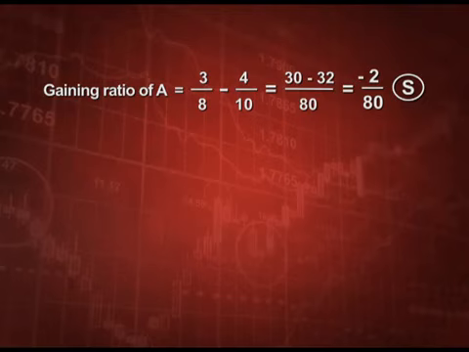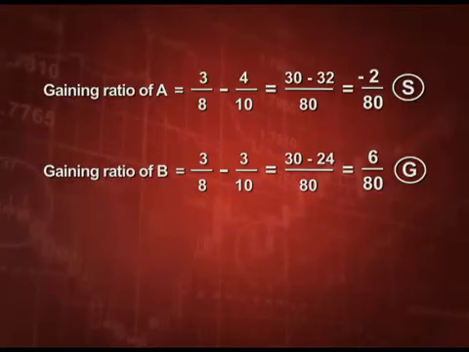Minus 2/80 means he is not gaining, he is sacrificing. So, B and D will be debited and A and C will be credited, because A is not gaining, he is sacrificing. Those who are sacrificing will get and those who are gaining will be debited.